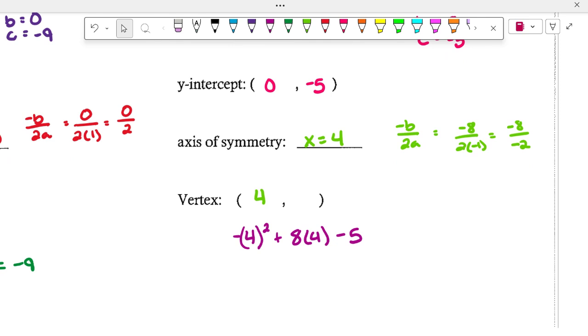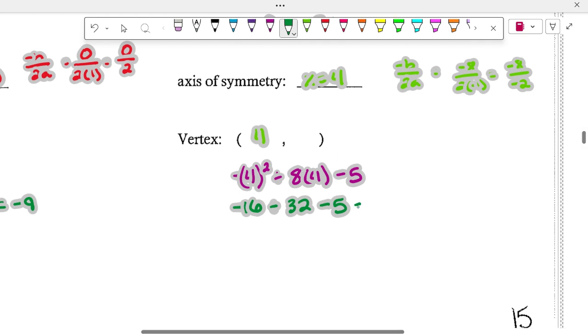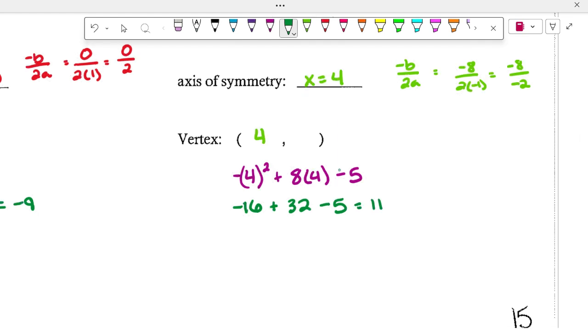Meaning you take 4 squared and then multiply it by negative 1. So what's 4 squared? 16. Since there's a negative still in front of it, we make it negative. Plus 8 times 4 is 32, minus 5. So what is my y value of the vertex? It'll be 11.